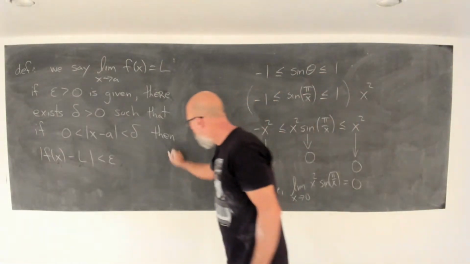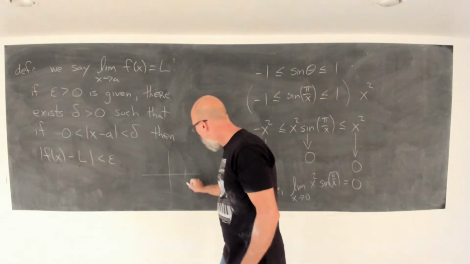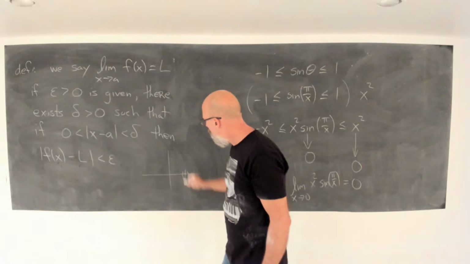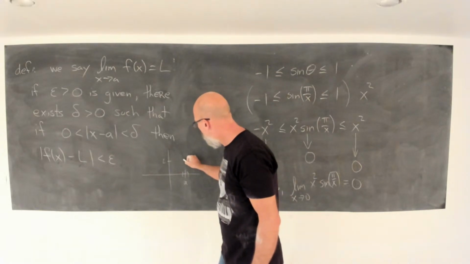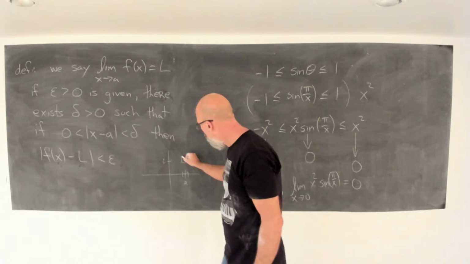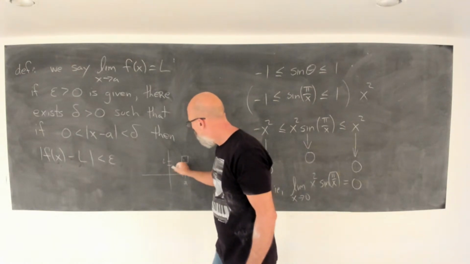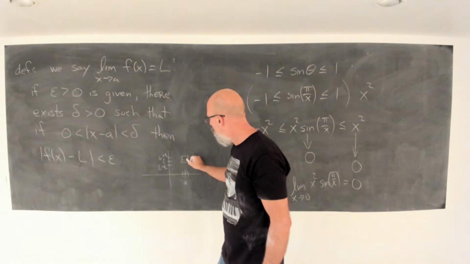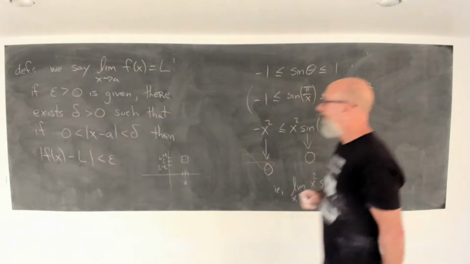On a graph, what are we saying? If you take x in here, then the stuff in here is being mapped to stuff in the box right here.